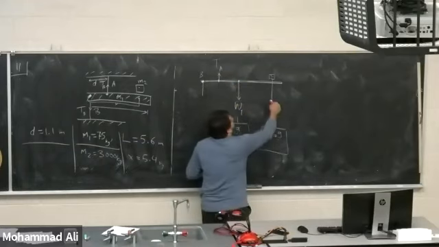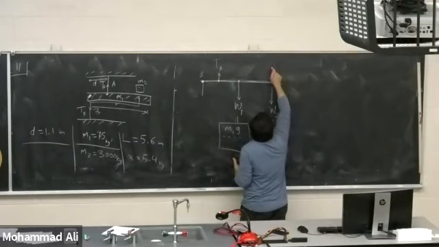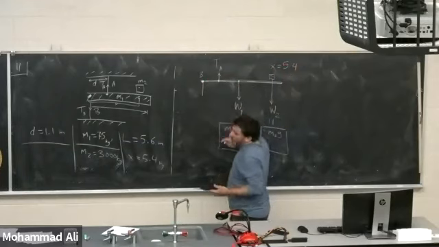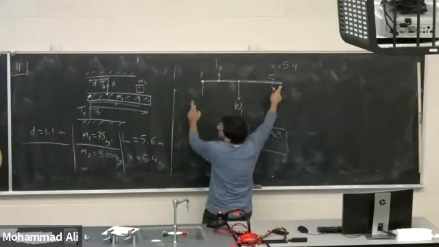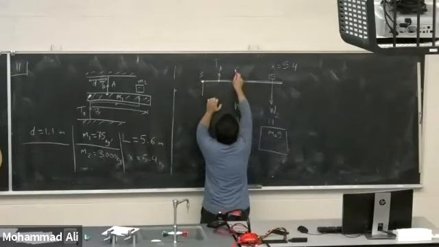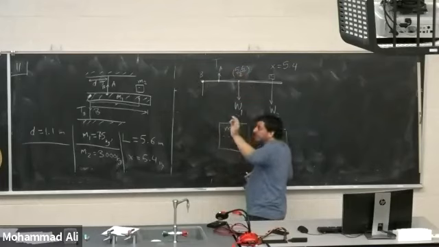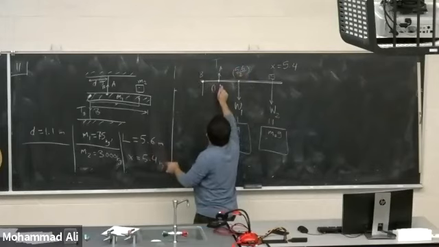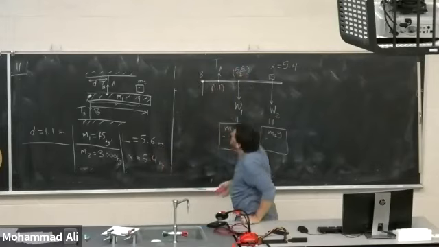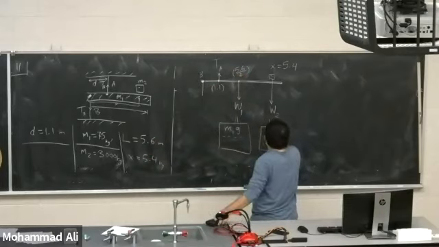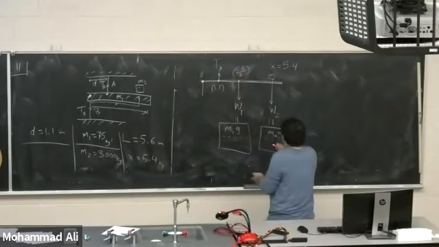Here, it is X equal to 5.4. The length of the rod is 5.6, so the middle is 5.6 over 2. We consider its mass as a point mass at its center. Here, the distance is 1.1. Everything is given. We need to find that one.